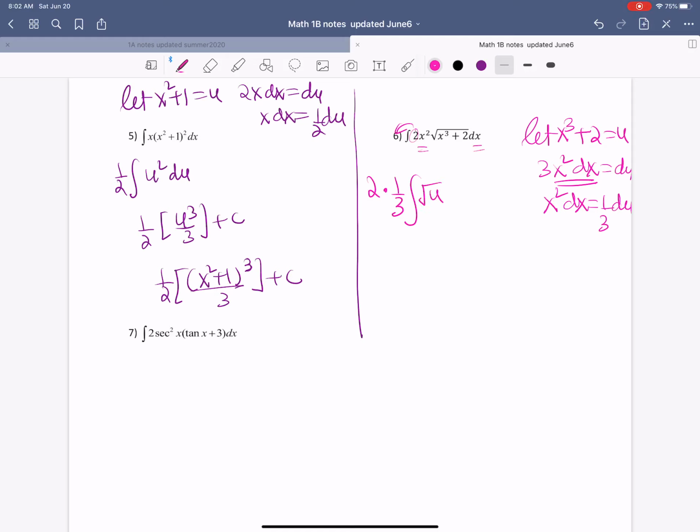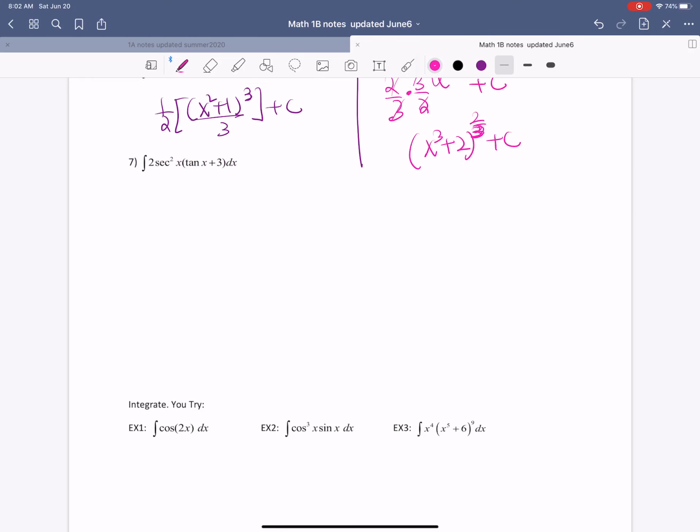So square root of u du. So that's 2/3 times u to the power 1/2 plus 1, which is 3/2. I'm going to also divide by the 3/2, which is the same thing as multiplying by 2/3. Now, you can cancel 2 and 2 and 3 and 3. So it turns out to be x cubed plus 2 to the power 3/2 plus c.